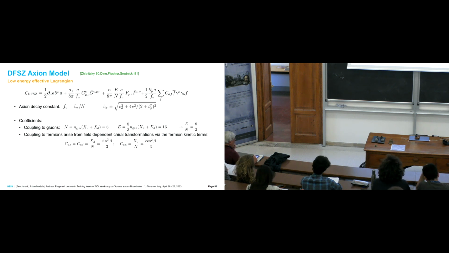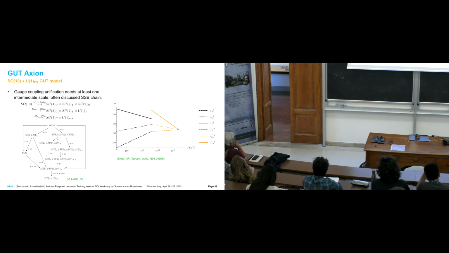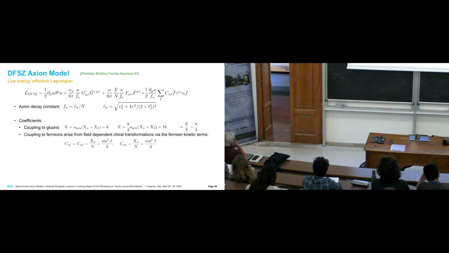They are proportional to sine squared beta over 3, and C_au is cosine squared beta over 3. Okay. So this is the end of the DFSZ axion. I'm not talking about variants of the DFSZ axion that you can think of.